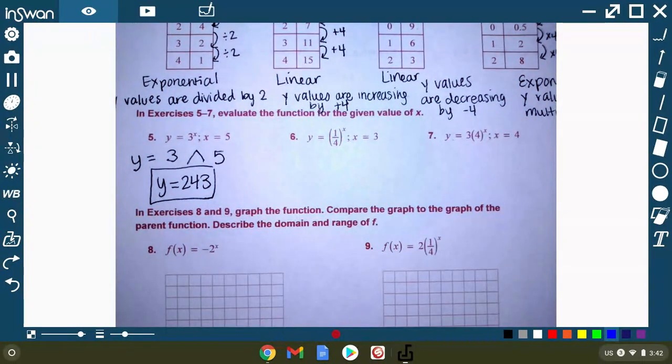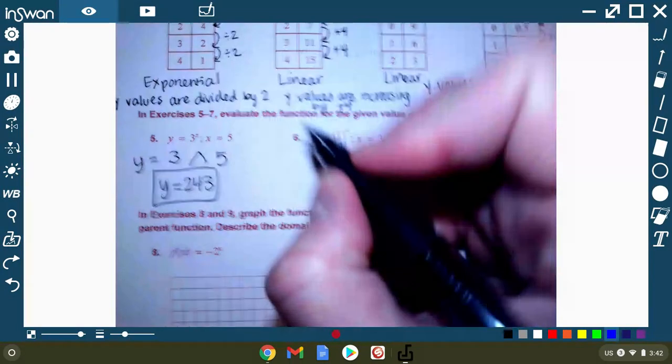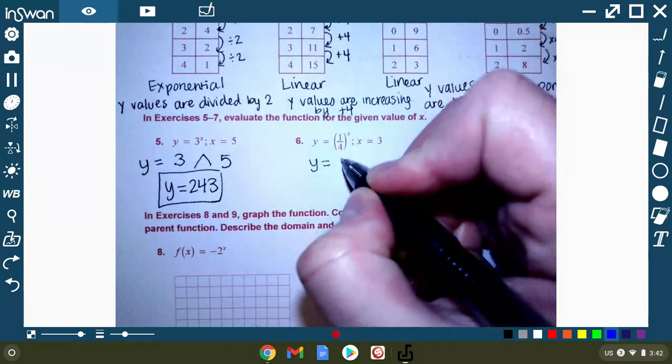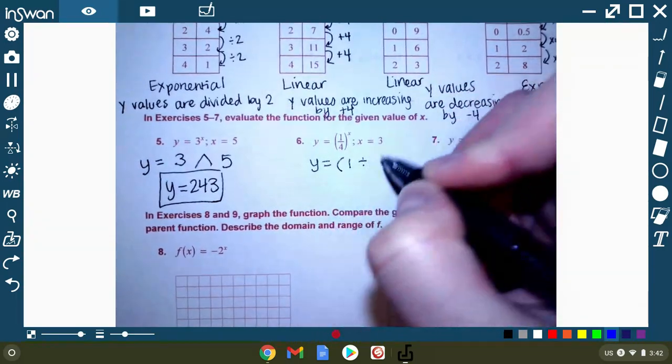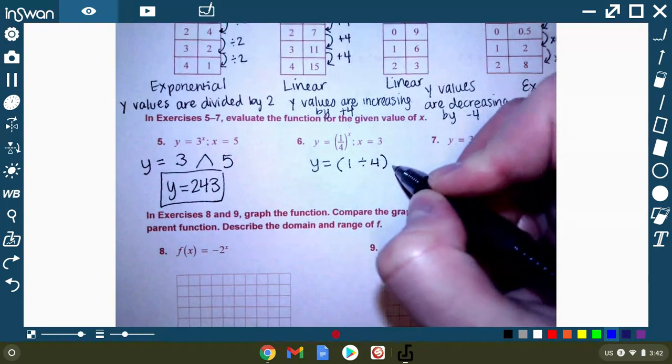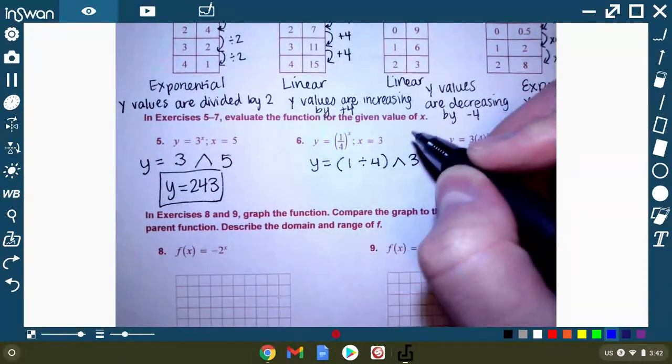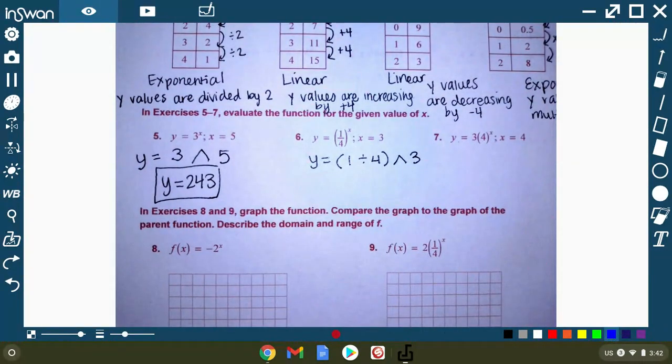And then next thing we've got is y equals 1/4 to the x. And then we want to find it for 3. So that means we're going to take y equals and then type in 1 divided by 4 and then caret 3 because that's the value that they gave us. So then now what you're going to have to do is you're going to plug this in again. And then on this one, you could actually use the ABC button if you wanted a fraction answer.